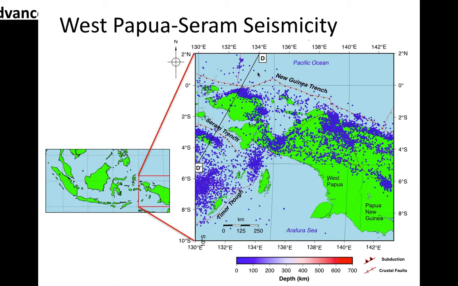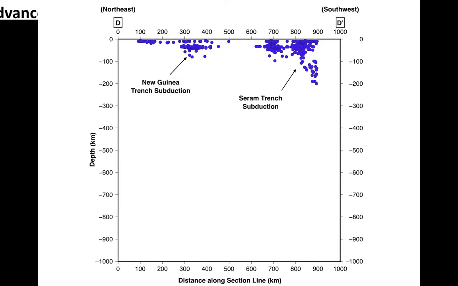So if we view these two subduction zones here in cross-section along DD prime, this is what we get. You can see in the New Guinea Trench, at the Bird's Head, the subduction is not very well defined, and is vaguely seen dipping to the south, only active to about 100 kilometers. There are no existing geometrical models for this area.